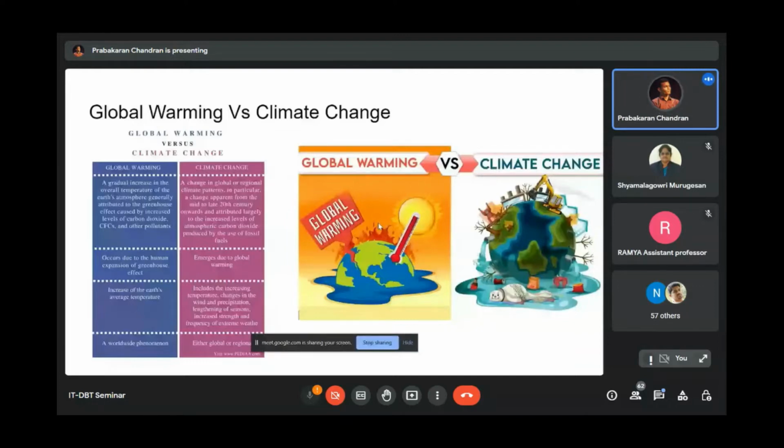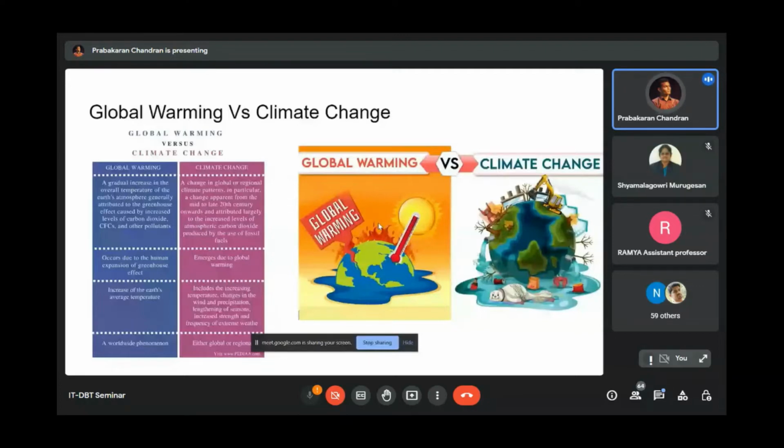Like from the mid to late 20th century onwards, and attributed largely to the increased levels of atmospheric carbon dioxide produced by the extensive use of fossil fuels. So it is actually due to global warming also. Global warming causes climate change, but it's not just because of global warming. There are other weather phenomena also causing climate change.